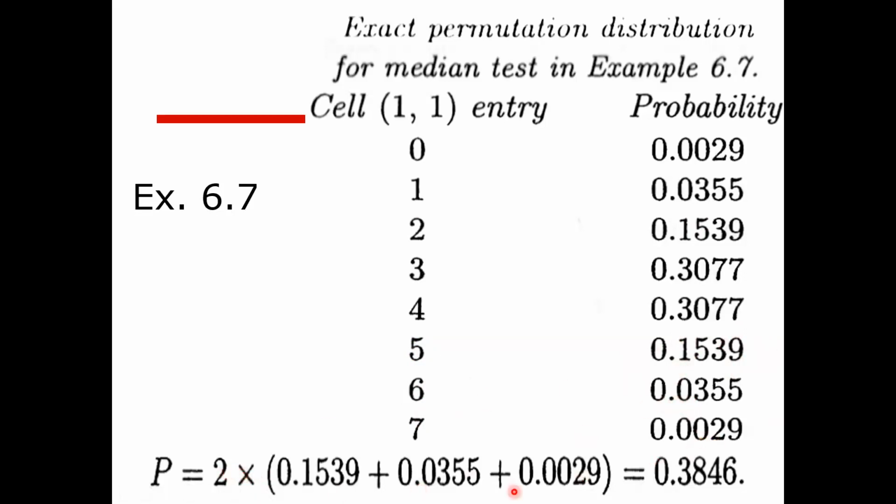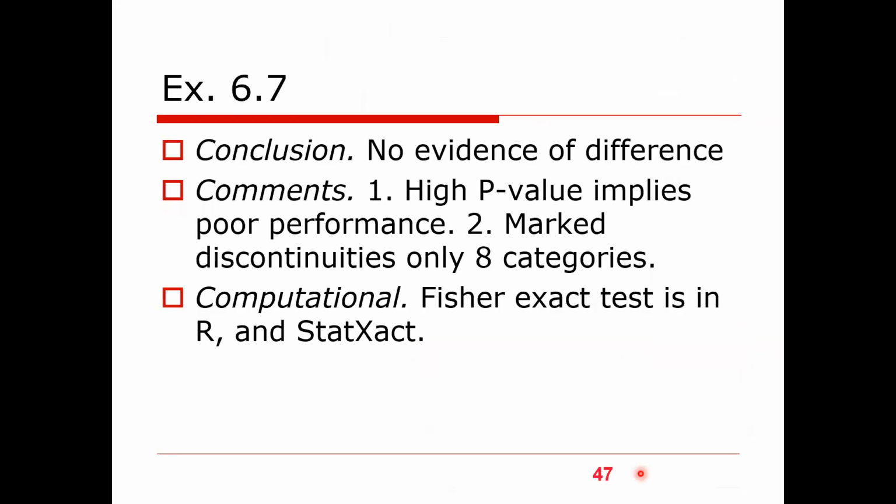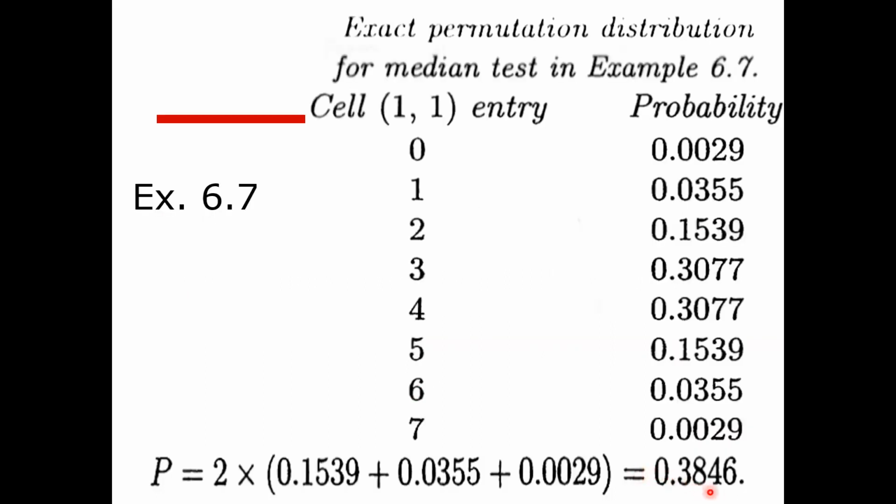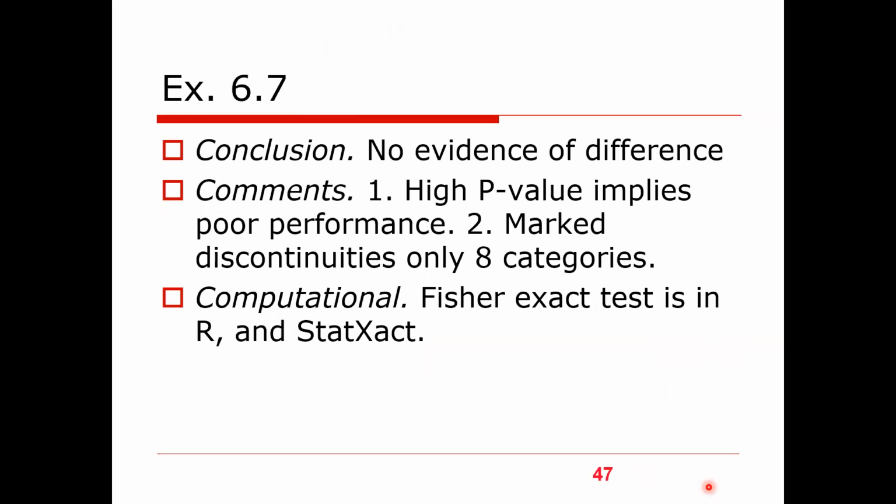So that's the two-tail p-value of getting A equal to 5 or above. All right. Since the p-value is large, right? Here we get a p-value of 0.38 something. It's very large. Our conclusion is that there's no evidence against the null hypothesis. The high p-value made us accept the null.